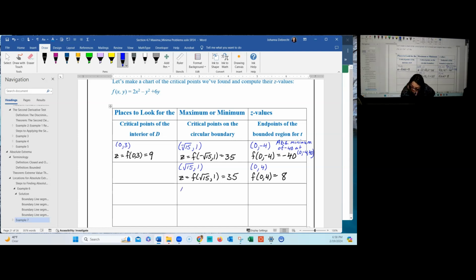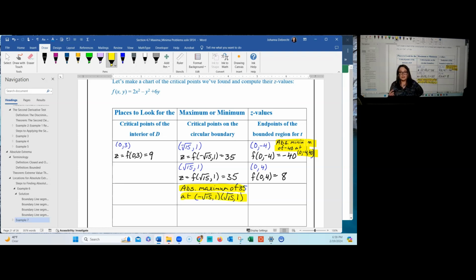So I do have an absolute maximum, which is equal to 35, but it occurs at two ordered pairs, at (-√15, 1) and at (√15, 1). And that makes each of those the solution to this maximum minimum problem.